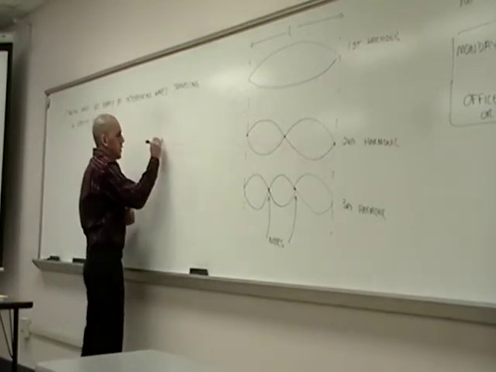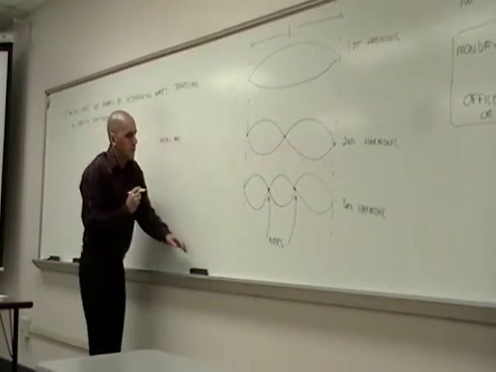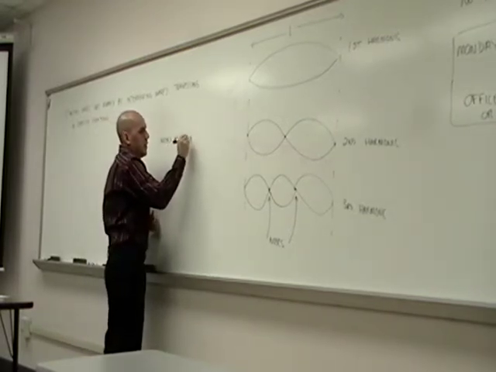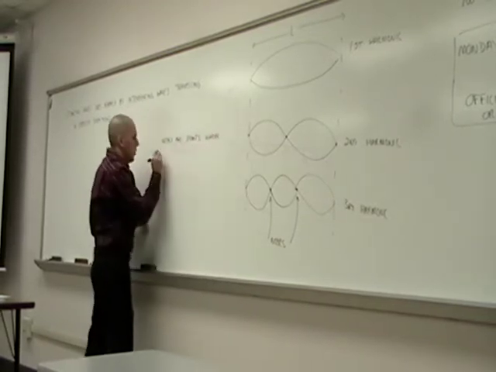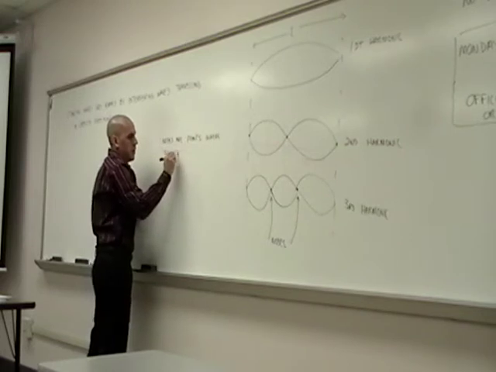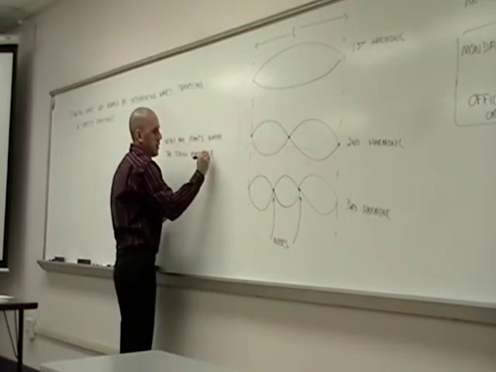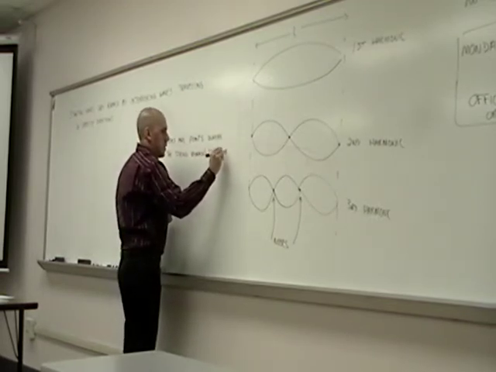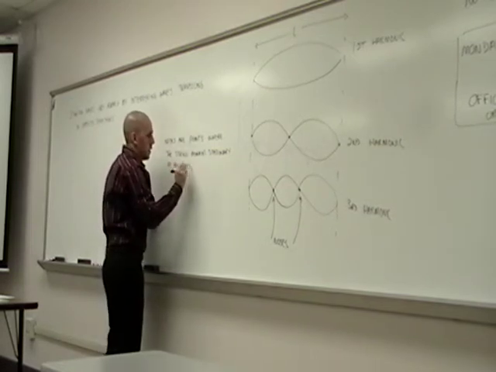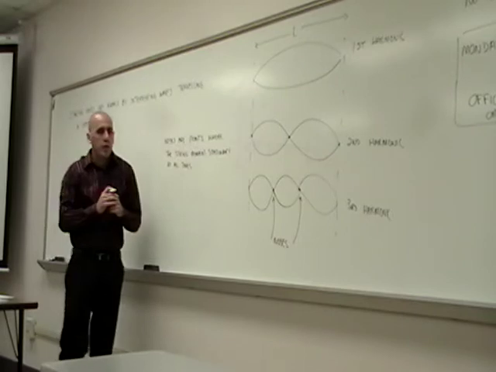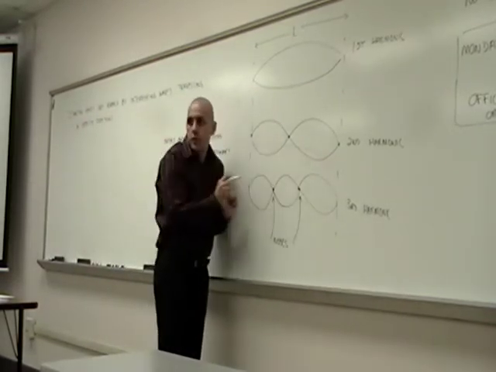And the nodes are the points where the string remains stationary at all times. When you are vibrating this string here, these points right here don't move at all.